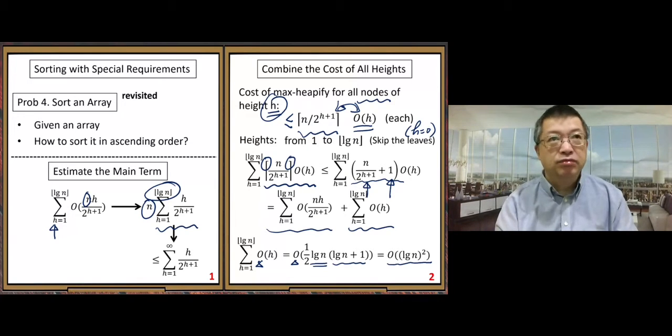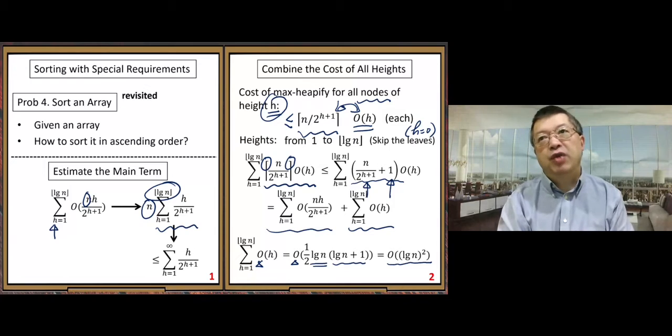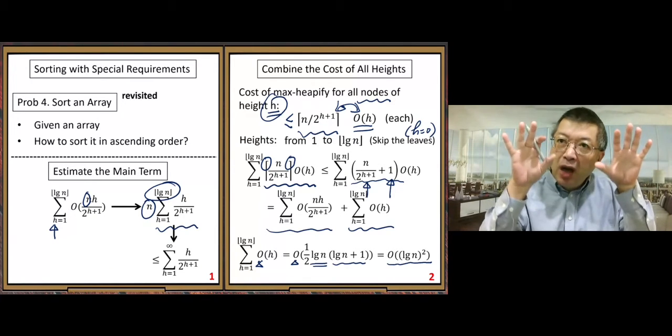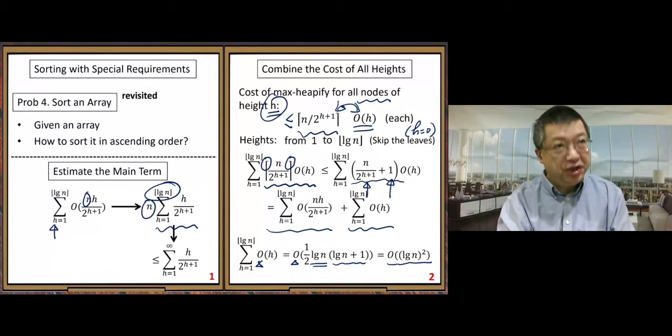We make it larger to infinity. So we can add more terms. We are very generous here, adding more terms. But still, we can control the enlarged estimate of the summation. So we can easily handle that.